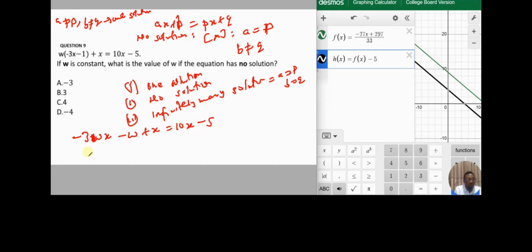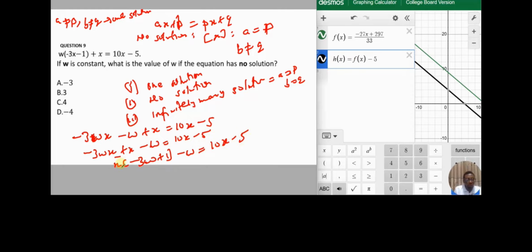So if I collect like terms, minus 3wx plus x minus w is equal to 10x minus 5. If I factorize here, we have x bracket minus 3w plus 1, minus w is equal to 10x minus 5.